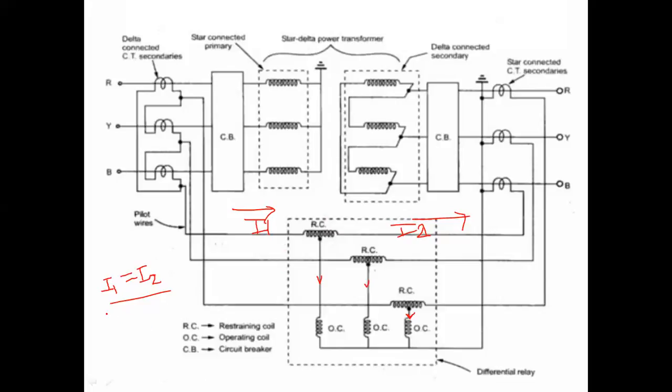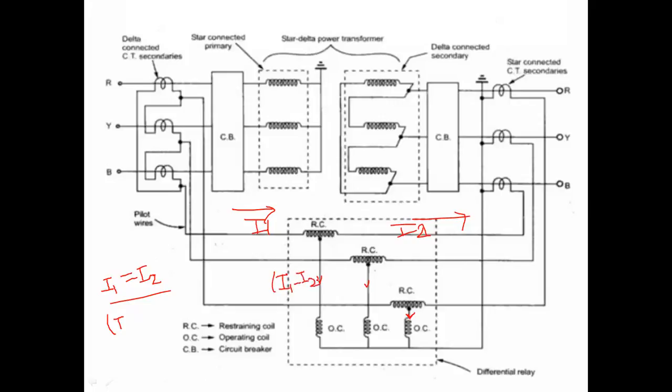Because this is I1 minus I2. When there is some difference between the currents, that current will flow through this operating coil. So the current flowing through this operating coil is I1 minus I2.